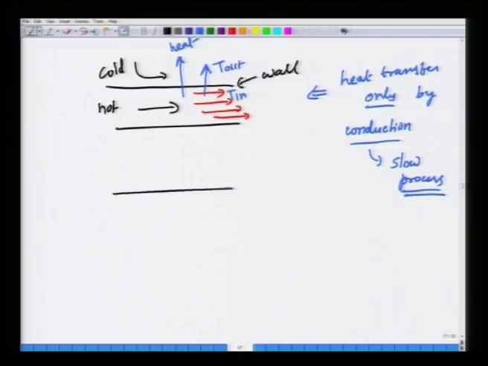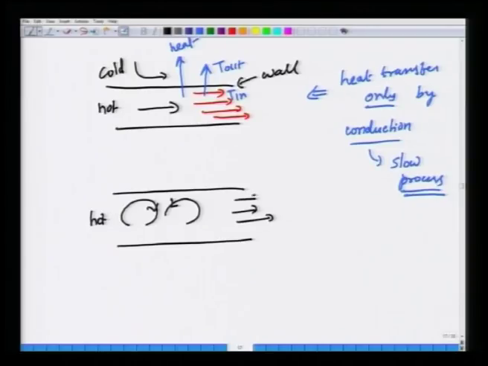But suppose, for example, you could conceive of a case where the hot fluid is flowing largely in this direction, but there are also cross stream flows, that is, flow is happening not just in one direction, but there are also circulations. Okay. So, this means that this additional secondary flow can take fluid from here, the hot zone, to the relatively cold zone just by motion, and from there heat transfer can happen by conduction.